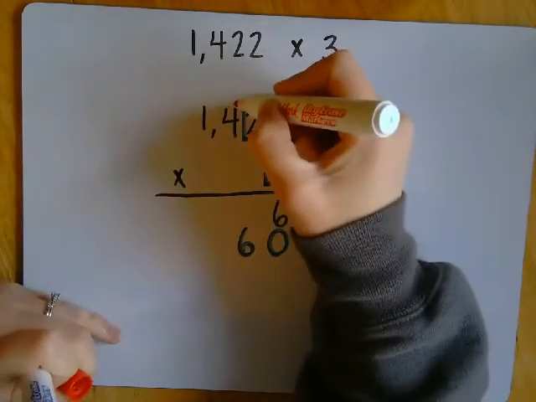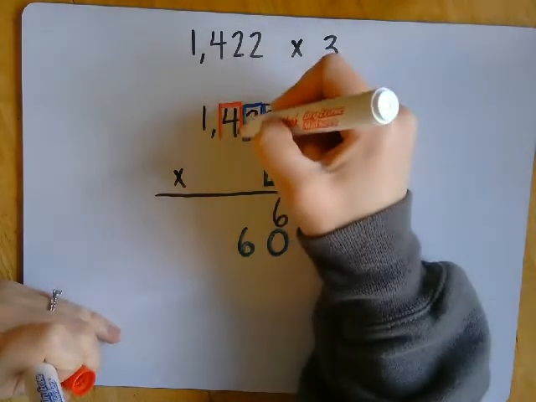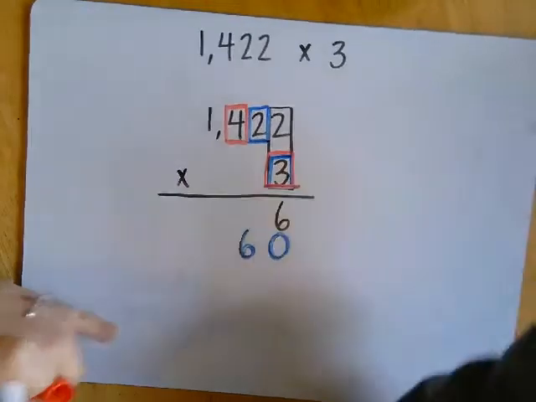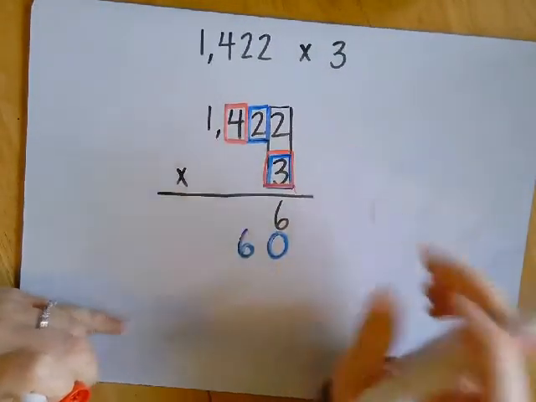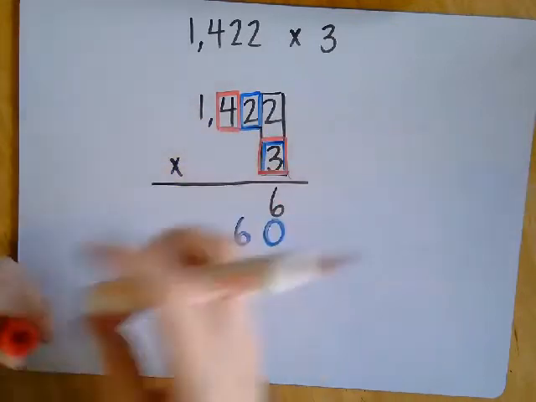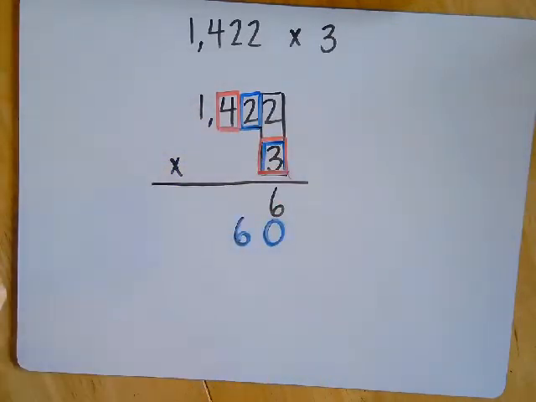Next, I'm going to move into the hundreds place. So I'm going to multiply 4 times 3. So what that looks like is 400 times 3, so I could start with 4 times 3, and I know that that is 12. But because I'm in the hundreds place, my answer is going to be 1200.